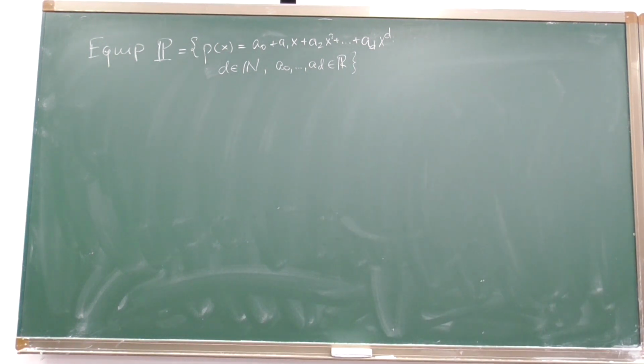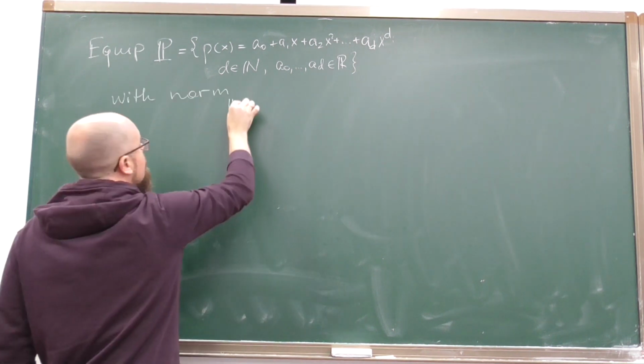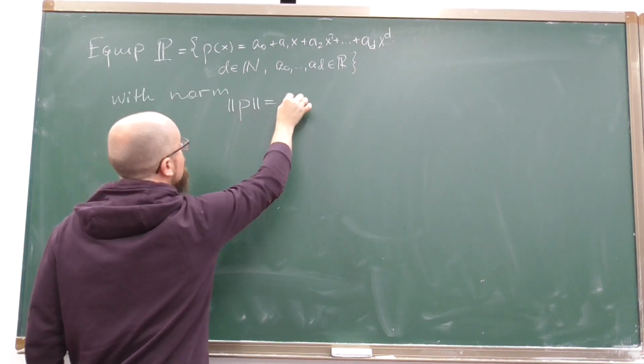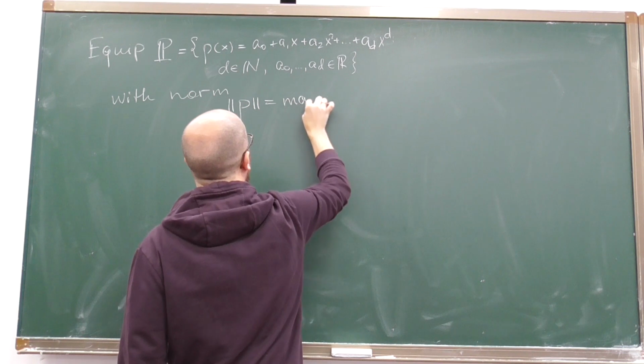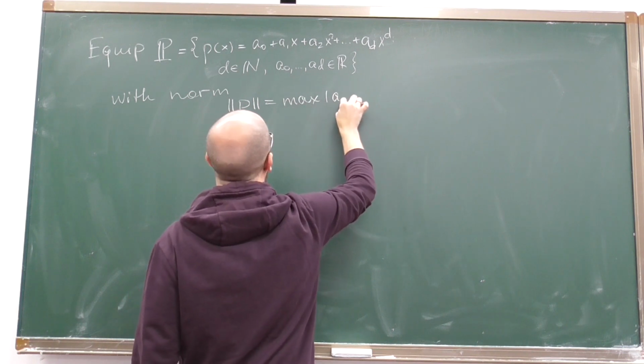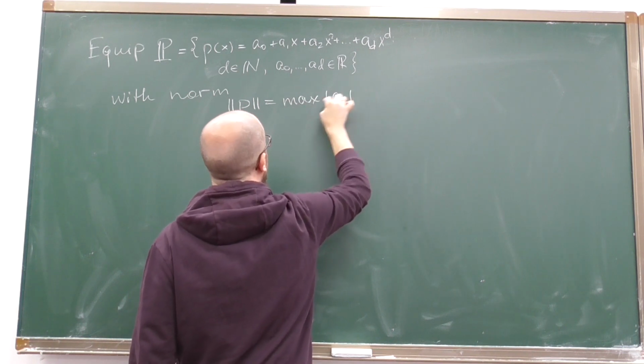So this is the set of all possible polynomials with real coefficients. And let's equip this set with a norm: the norm of a polynomial is the maximum of all its coefficients.